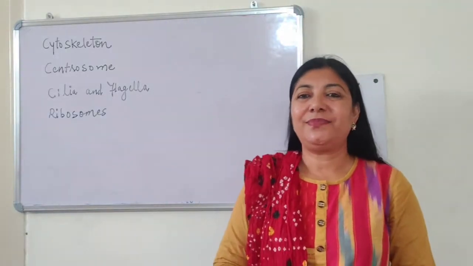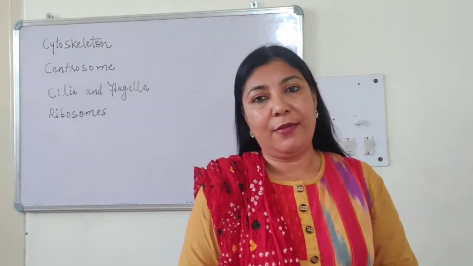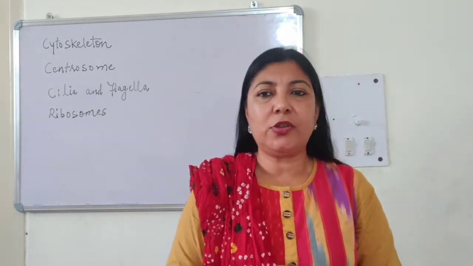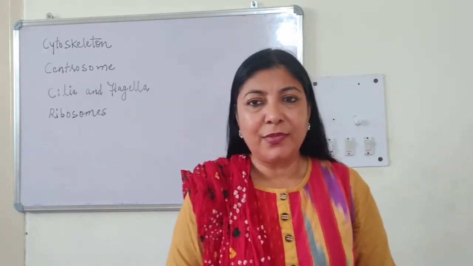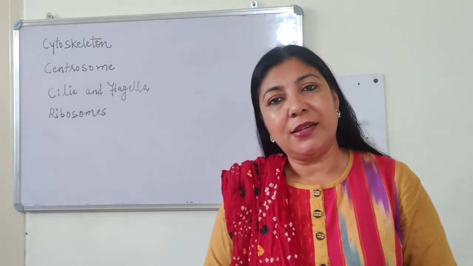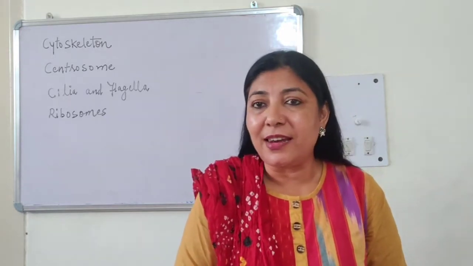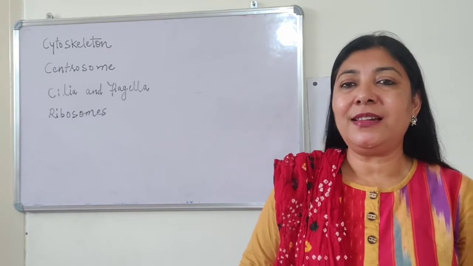Hello dear students. In the chapter Cell, the unit of life, so far we have studied various aspects of the cell. Let's quickly recapitulate it. We started with the different types of cells. First we studied the structure of a prokaryotic cell, and then we switched over to eukaryotic cell.